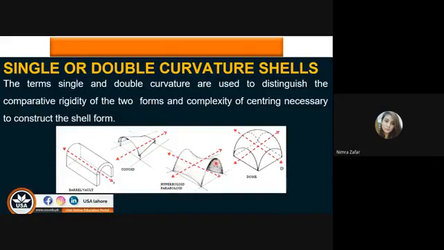In hyperboloid, we have one curve along this axis and one downward curve along this axis. This curve is spread along this axis, and this downward curve is spread along this axis. Then we have dome. In dome we have curves from all the four sides. One curve, two curve, three curve, four curve.